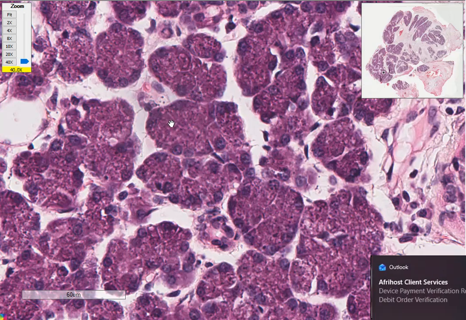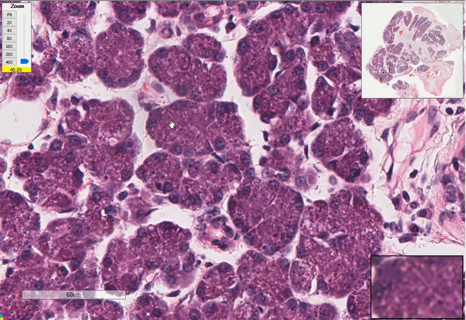The reason why it appears this dark eosinophilic in the apical area of the cell is because it's got abundant rough endoplasmic reticulum used for protein synthesis. The apical cytoplasm contains eosinophilic secretory granules filled with digestive enzymes.